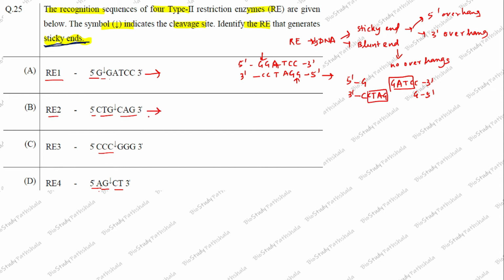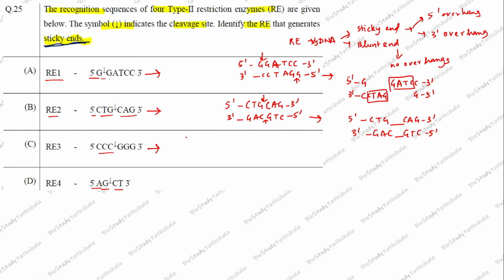In case of this particular option, if we consider it again in this manner, CTGCAG 3', 5' GACGTC 5'. So this is the cut site. So it will be generating 5' CTG 3', GAC and CAG 3', GTC 5'. So here no overhangs are found.